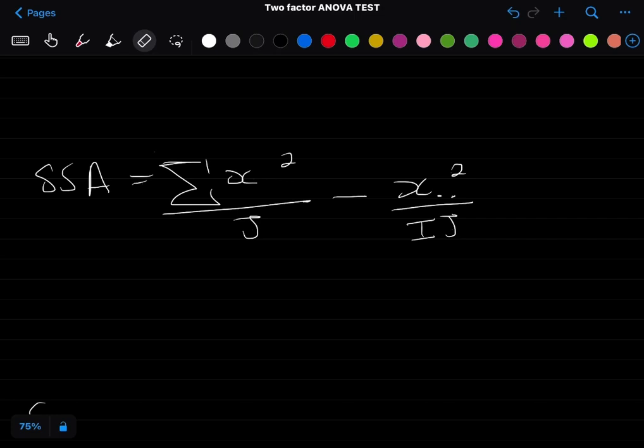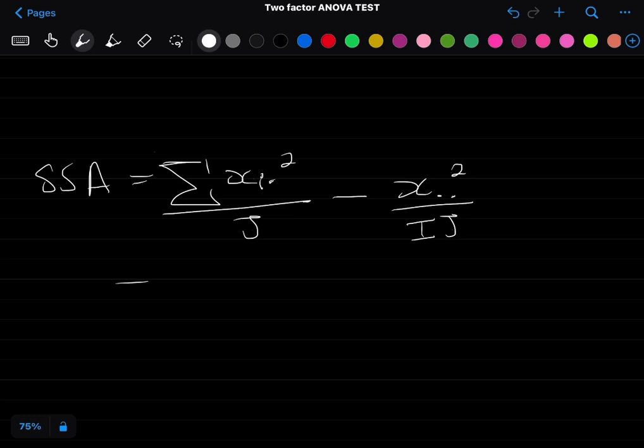So to find the sum of squares for factor A, we need to square those row sums. After squaring them, we sum them and divide by the number of columns that we have in our data. And then subtract the grand total squared divided by number of rows times number of columns, which is ij.